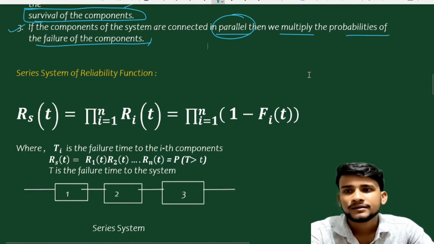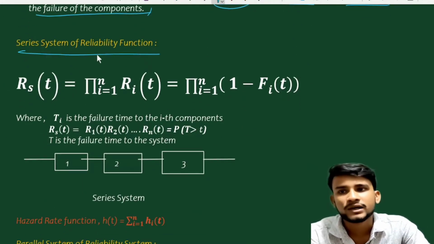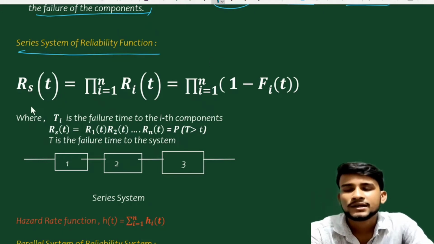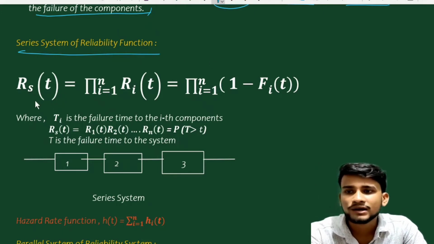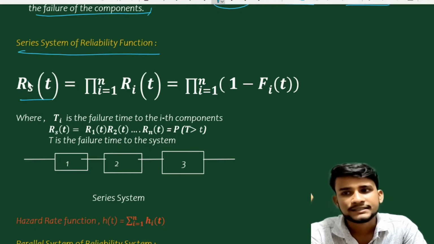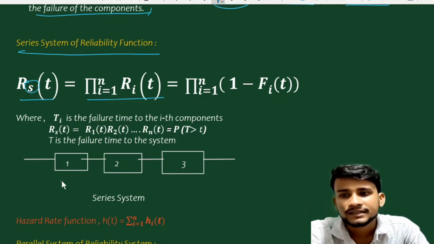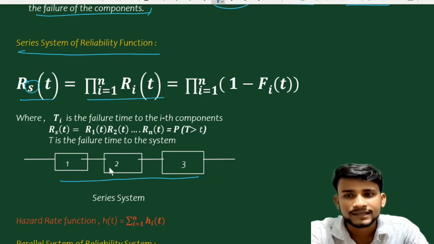Now we come to the series system. The series system reliability function is generally denoted by R_s(t), where S stands for series, and it is a function of t. It is equal to the product of the reliabilities of each component. Suppose there are n components connected in series. Take an example of 3 components connected in series.